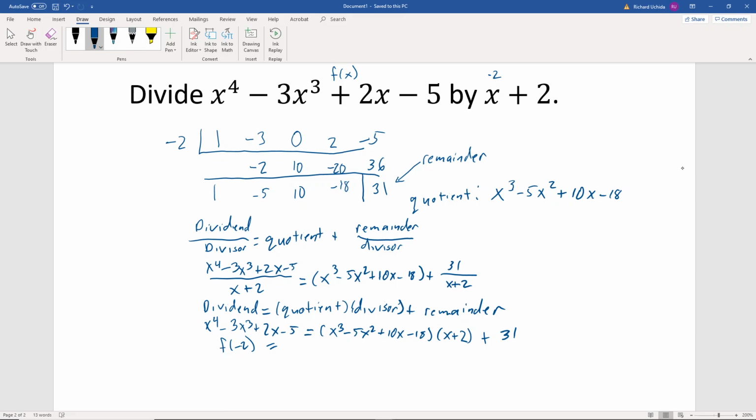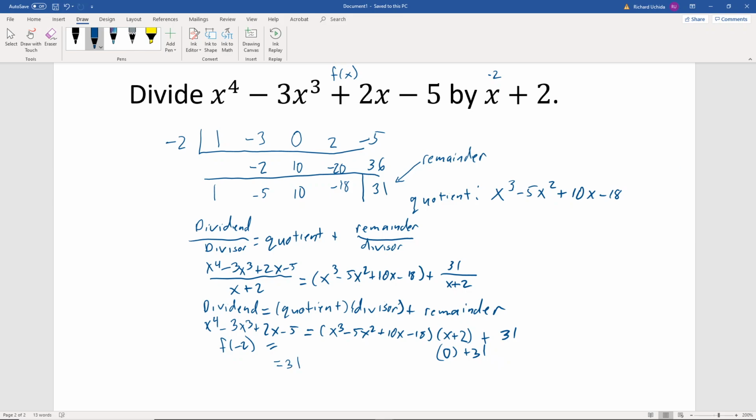Because if this was our function and we plug in negative 2, well, what that would equal is this quotient times the divisor. If we plug in negative 2, the main thing is that negative 2 plus 2 from the divisor will be 0, and then plus 31. So whatever we get when we plug it into the quotient, it'll still be times 0. So that'll be 0, so that'll just equal 31.